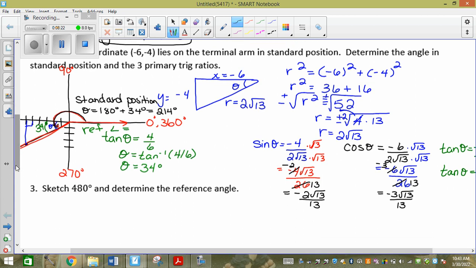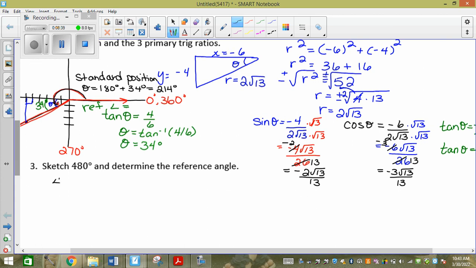The next one, I gave you a little test. Can you draw 480? So we know that if we go around the whole circle once, it's how much? 360. And then I can just keep going, correct? Okay. So if I go 480 minus 360, I'll know how much more it is than 360, correct? Which is 120. We agree?